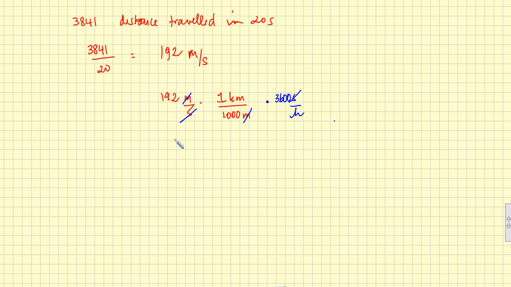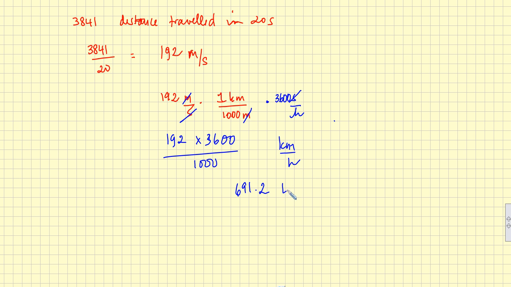So I've got 192 times 3,600, divided by 1,000, and that would be in kilometers per hour.